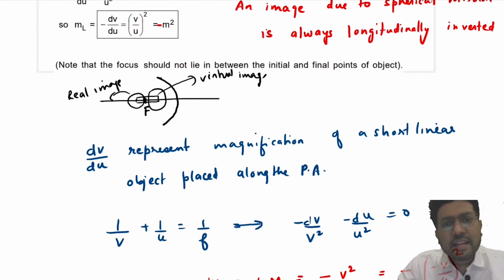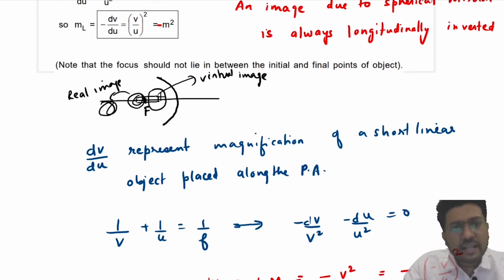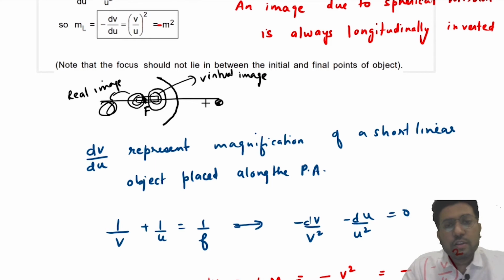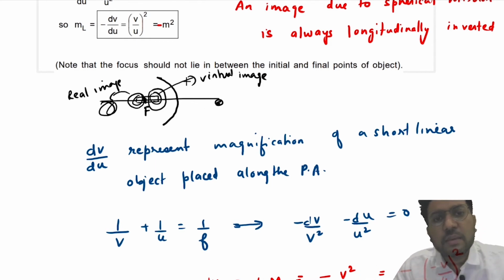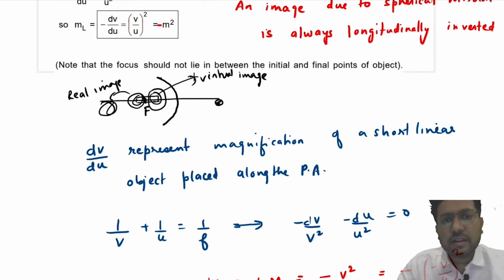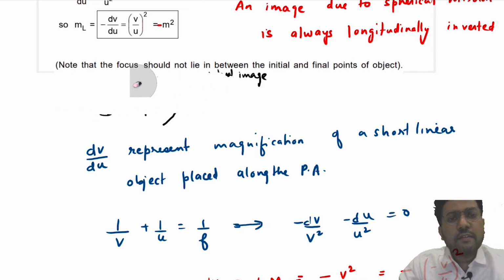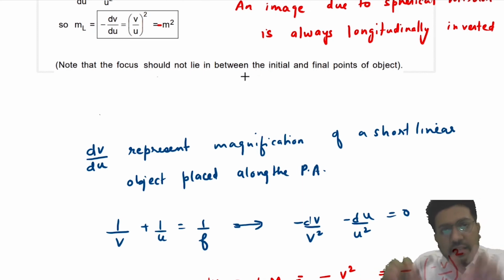So in that case, you will not be able to measure the size of the image. Why? Because this part will give image on this side and this part will give image on this side. So we will not be able to measure the size of the image by V2 minus V1. Understood? So that is why whenever you calculate the longitudinal magnification, you should make sure that the object is not such that the focus lies in between.